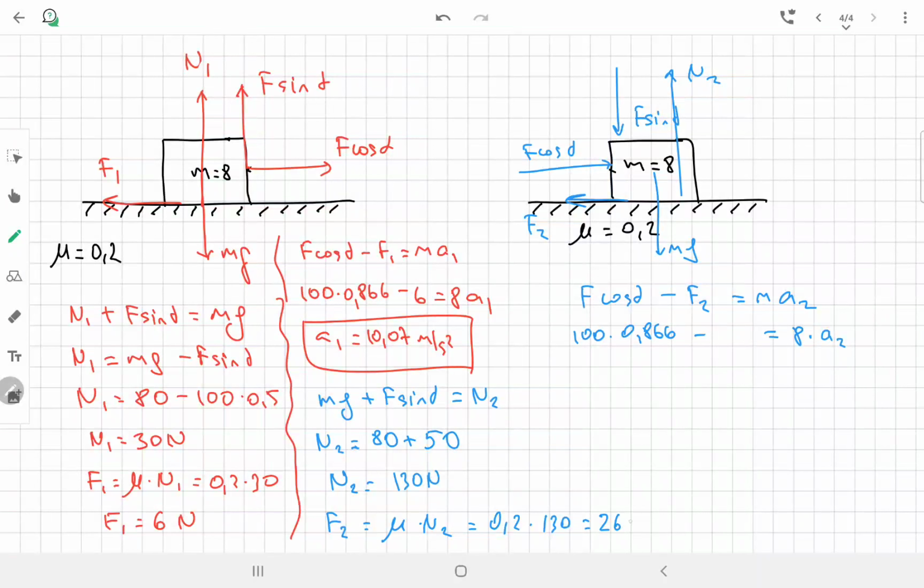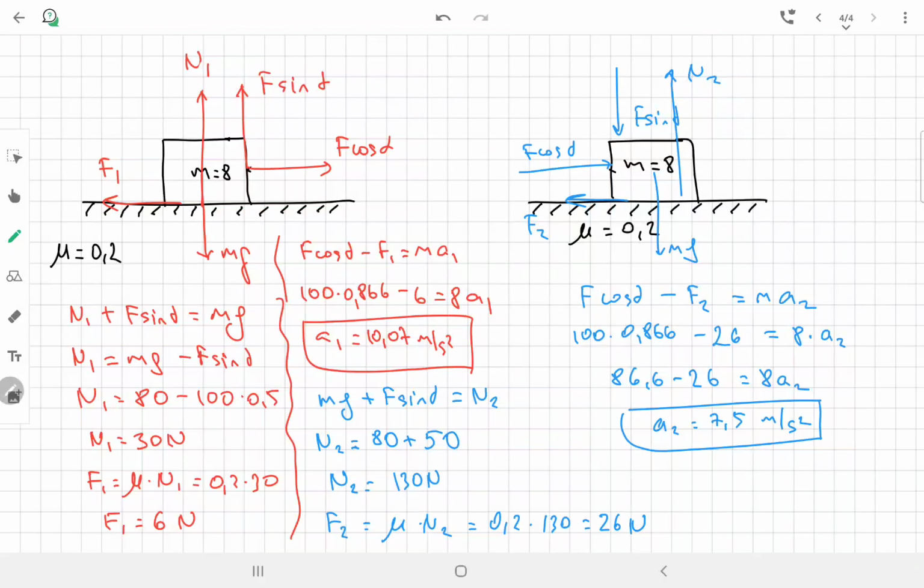It's not 130. 130 is just the normal force. Friction force equals 26 maximum value. Now it's okay. So 86.6 minus 26 equals 8 times acceleration. And from here acceleration equals approximately 7.5 meters per second squared.